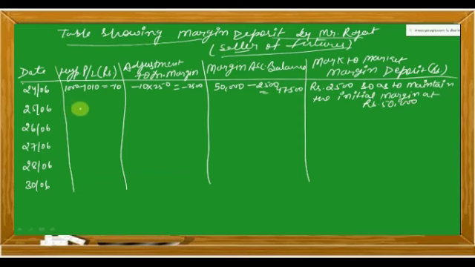Now on 25th of June, the price is 1050. The strike price is 1000 and the previous close is 1010. Is there any profit or loss? 1010 minus 1050 comes down to negative 40.